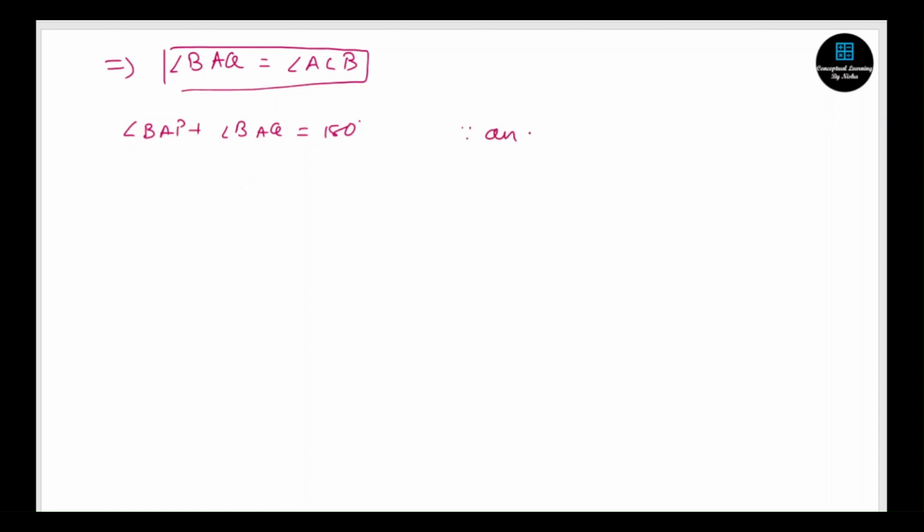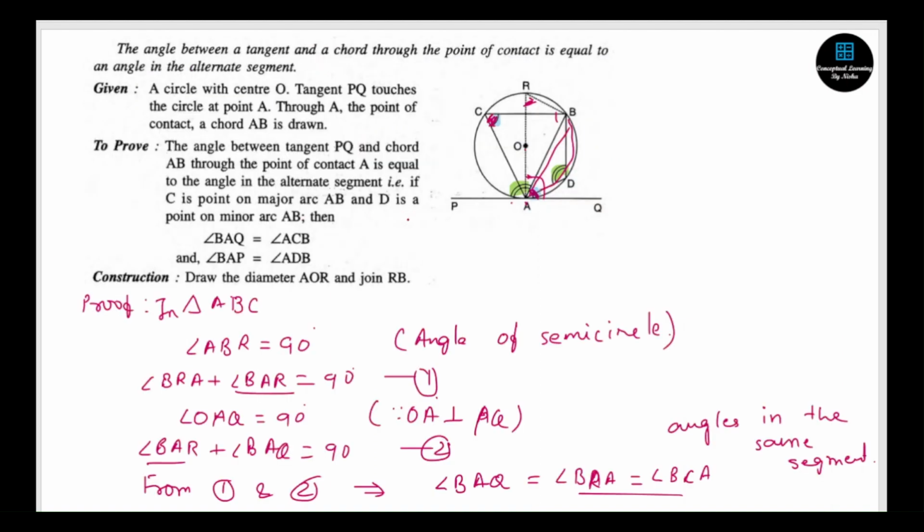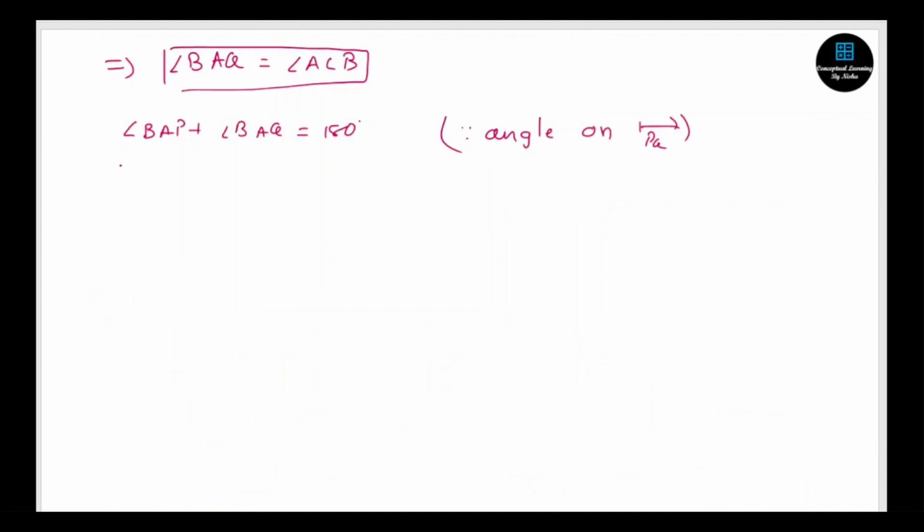Angles on line PQ. Okay, now one more. What I can say, angle ACB and angle BDA, correct? Are they 180 degrees? Why? Because opposite angles of a cyclic quadrilateral. Can I say that? Yes, I can.